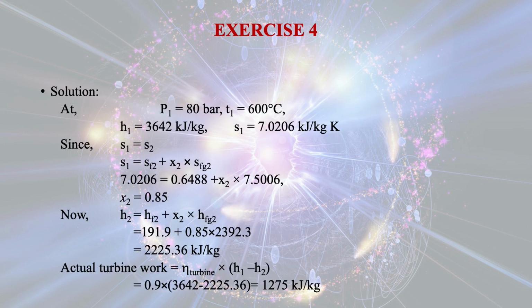So here P1 is given as 80 bar and T1 is 600 degrees centigrade. So H1 and S1 you can get from the steam table.